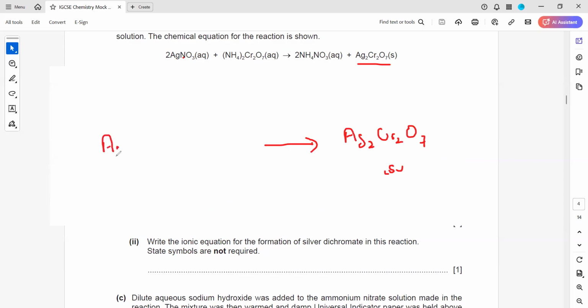So what are the ions present? It contains a silver ion and it contains a dichromate ion. Silver is +1, but there are two silver, so I should write 2 here. And dichromate is 2 minus, but only one ion is there. So that's why this will be the ionic equation.